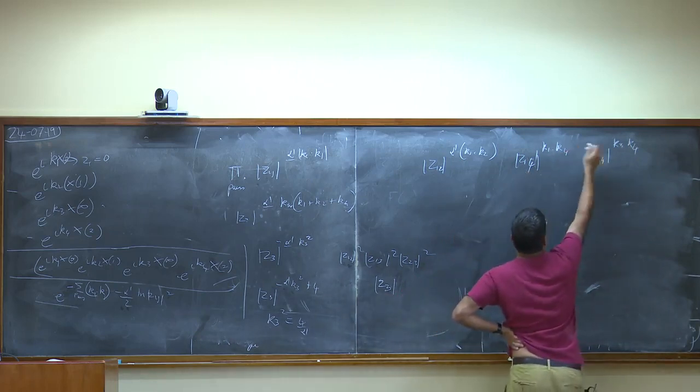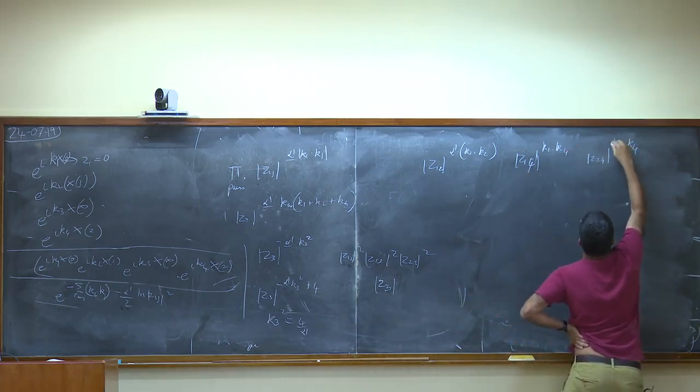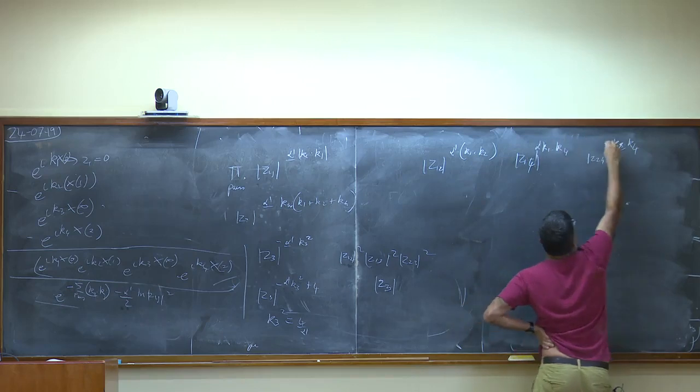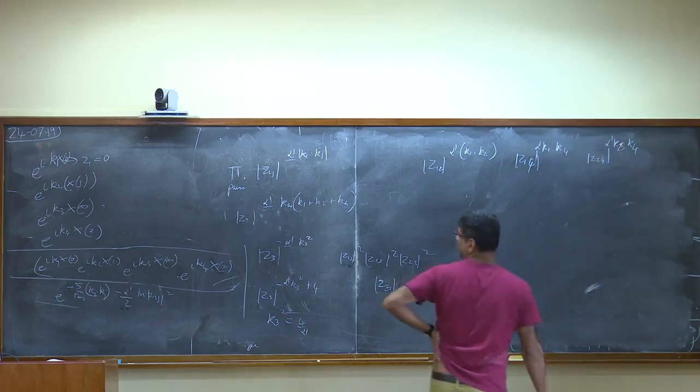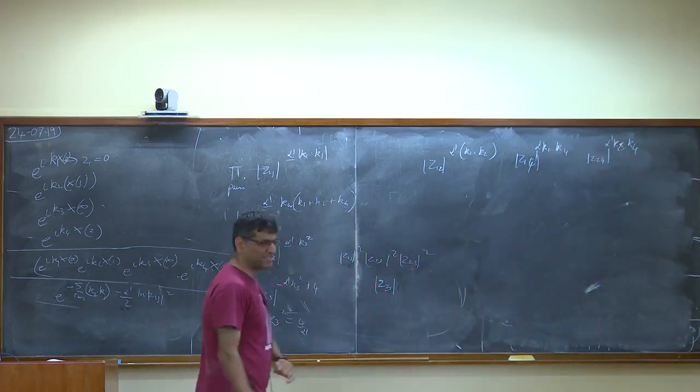This was K1 dot K4, this was K2 dot K4, and both of them have an alpha prime. The 2 has gone away because of corrections.